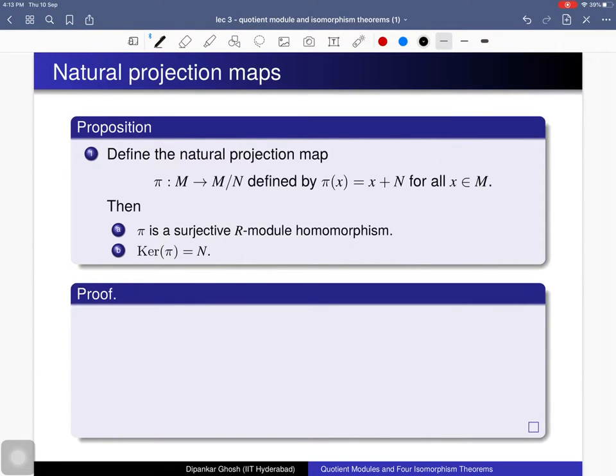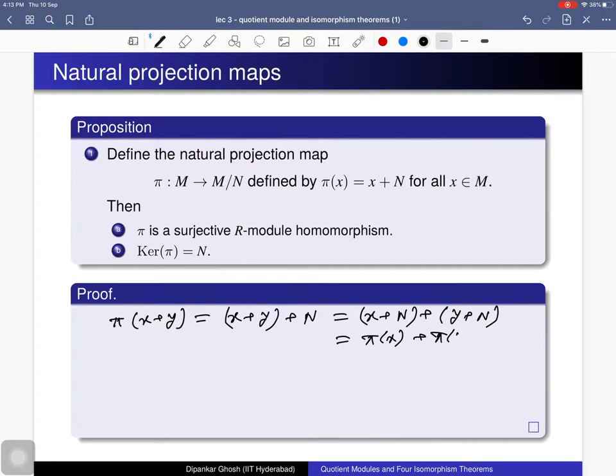We want to prove that this is an R module homomorphism. That means we need to verify that it preserves addition. What is pi of x plus y? It is just the equivalence class of this one, but by definition of quotient module, it is just (x plus N) plus (y plus N), and this is pi of x plus pi of y.